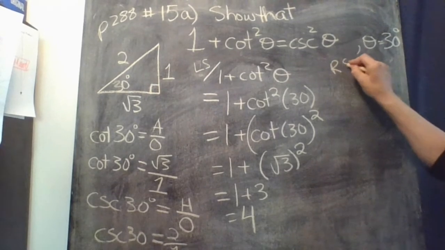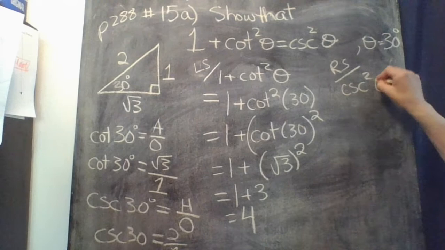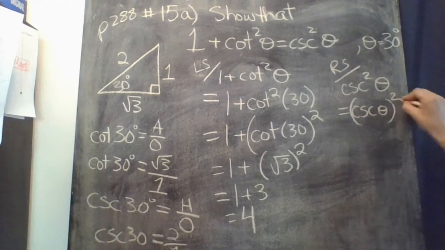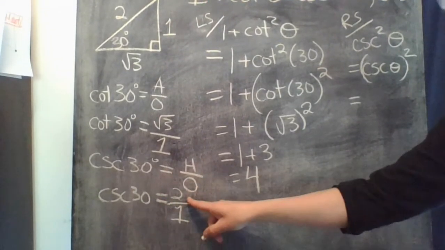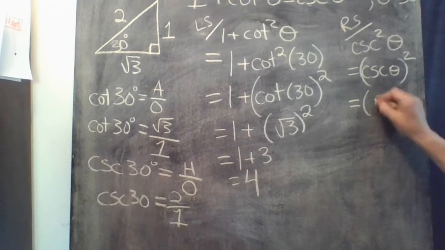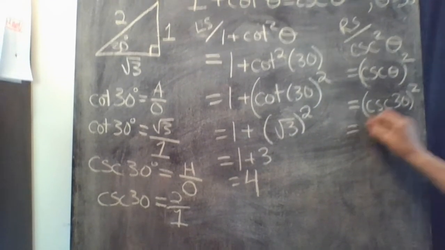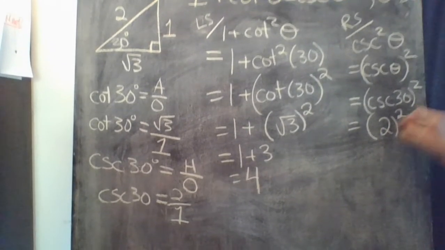All right, let's look at our right side. So the right side of our equation is cosecant squared. So that's the same thing as saying cosecant angle all squared. Well, cosecant 30, we just said was 2, so let's pop all that in. Cosecant of 30 squared, we said that that's 2 over 1, so that's just 2 squared.